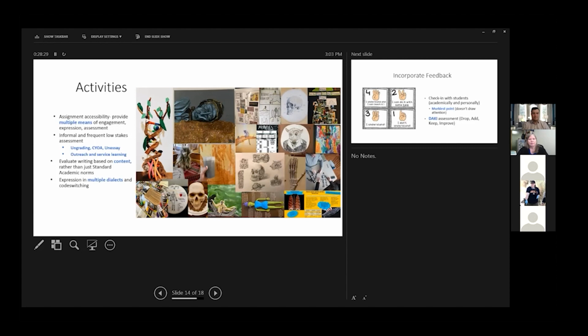I've also used outreach and service learning activities for this. In my class right now, they have to come up with an outreach project, essentially, to again make this relevant to them and to their overall community. Looking at writing for content rather than just standard academic language can be helpful, as well as allowing for multiple dialects in their writing and in the discussions, because none of these are wrong.